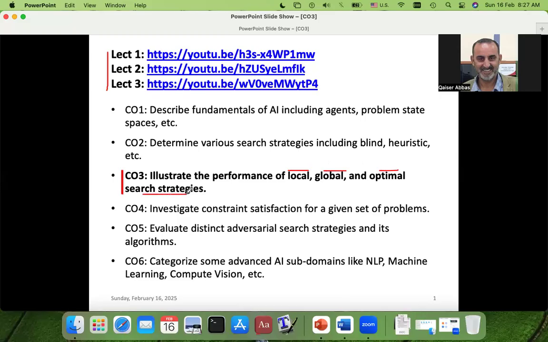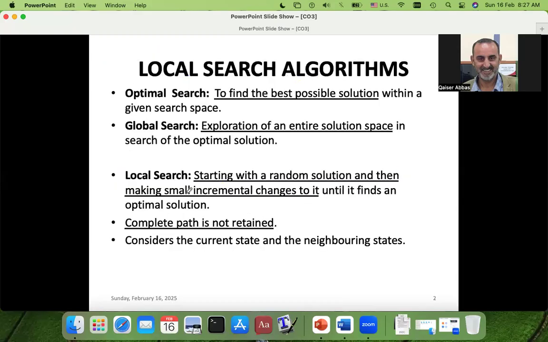So now in this CO, we will see these different strategies of search and we will see some algorithms related to it. So what is optimal search, what is global search, and what is local search? First, we are going to see the definitions for them.